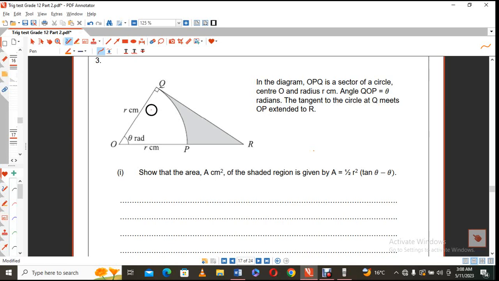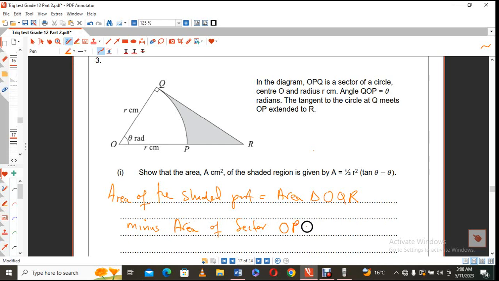So we are supposed to show the area of the shaded region. Here's the thing. The area of the shaded part will be the area of triangle OQR, which is the bigger one, minus the area of sector OPQ.